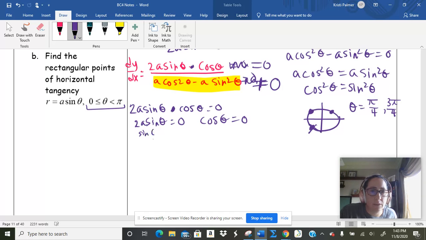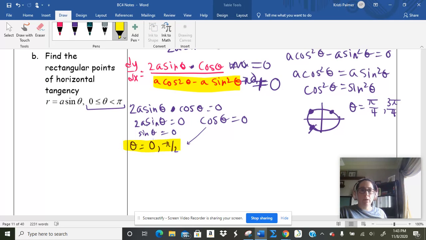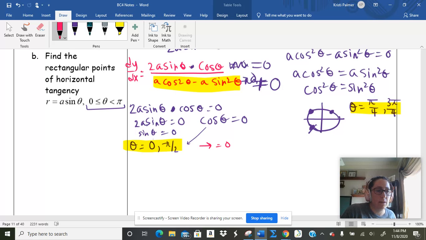So basically, where does sine equal 0 and where does cosine equal 0? So at 0, and then again at pi, but we're not including it, and then at pi over 2, and then 3 pi over 2, but then we're past it. So here is where I would get a 0, and then I just have to check that it is not 0 as well. So these are where we equal 0, and they do not have anything in common, so we are okay. So I know that these are the two thetas that I am looking for to plug in.